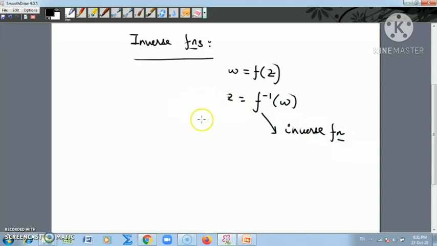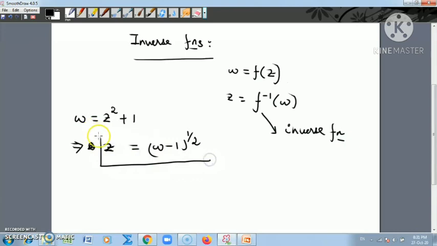So inverse function is like this because if I find w is equal to z square plus 1, obviously what is z? It is equal to (w minus 1) the whole to the power half. Is it not?